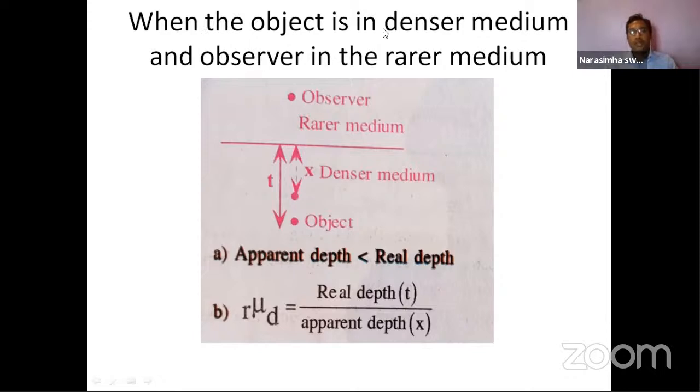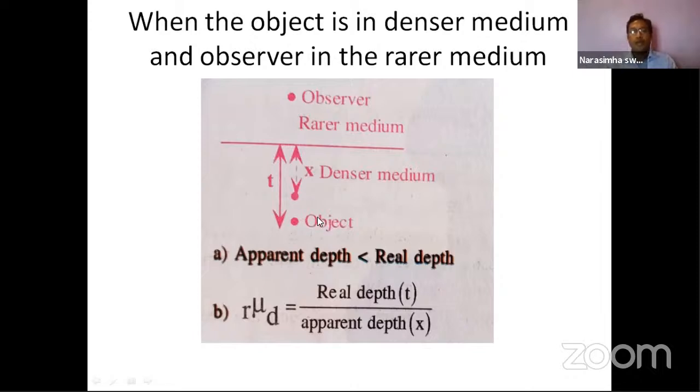When the object is in the denser medium and the observer is in the rarer medium, for example a coin dropped in a bucket of water, water is a denser medium compared with air.